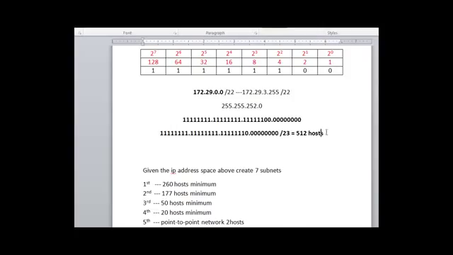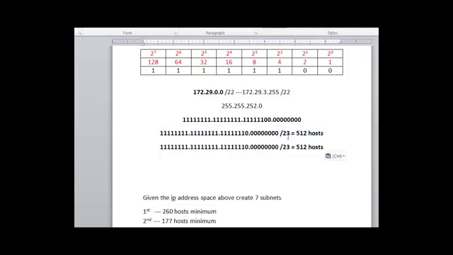If I did that, and I have this, with a 0, which is what we started with, this is /22, we add another 0 here. So now instead of 8 zeros, which is 256 hosts, and then 9 zeros, 512 hosts, and then 10 zeros, that would be 1,024 hosts.